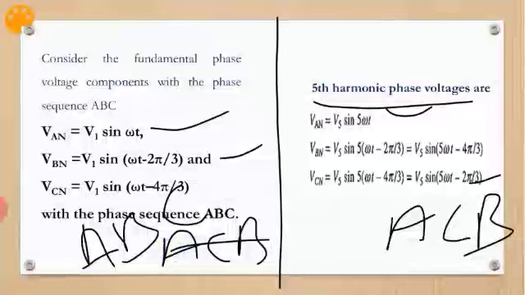Now, a positive sequence harmonic m will produce a rotating field which moves in the same direction as the fundamental at a speed m times that of the fundamental field.